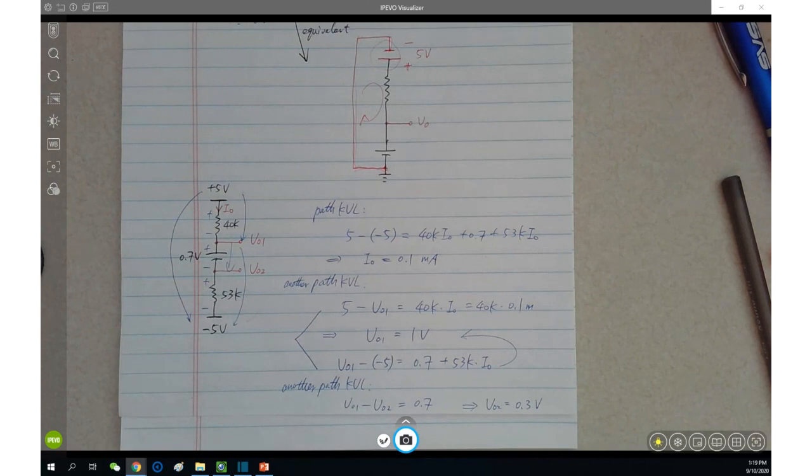Does it make sense? Choose any path, and the total voltage drop equals the sum of the voltage drops through the path from all of the components involved. This is pass KVL. Any questions regarding this circuit?